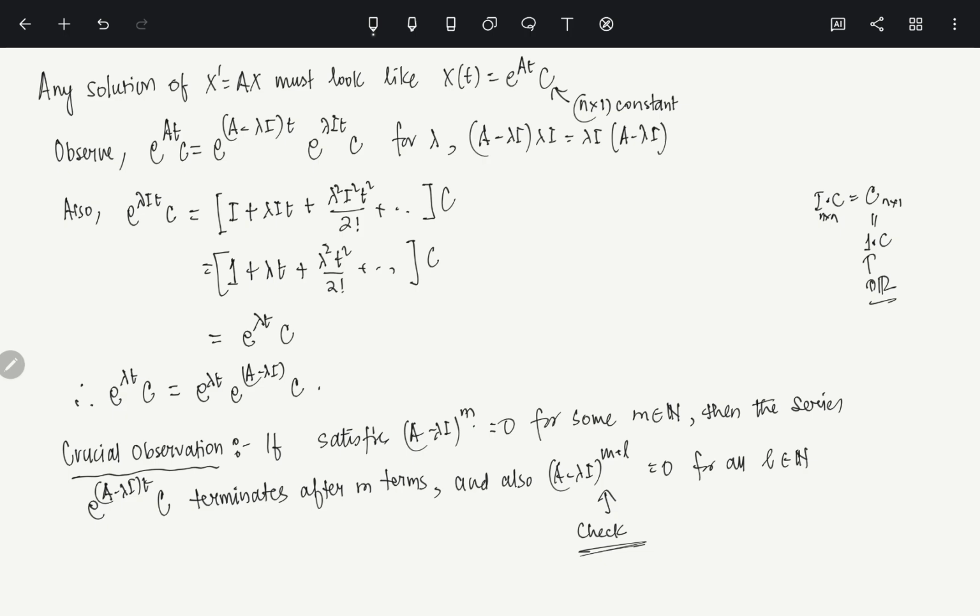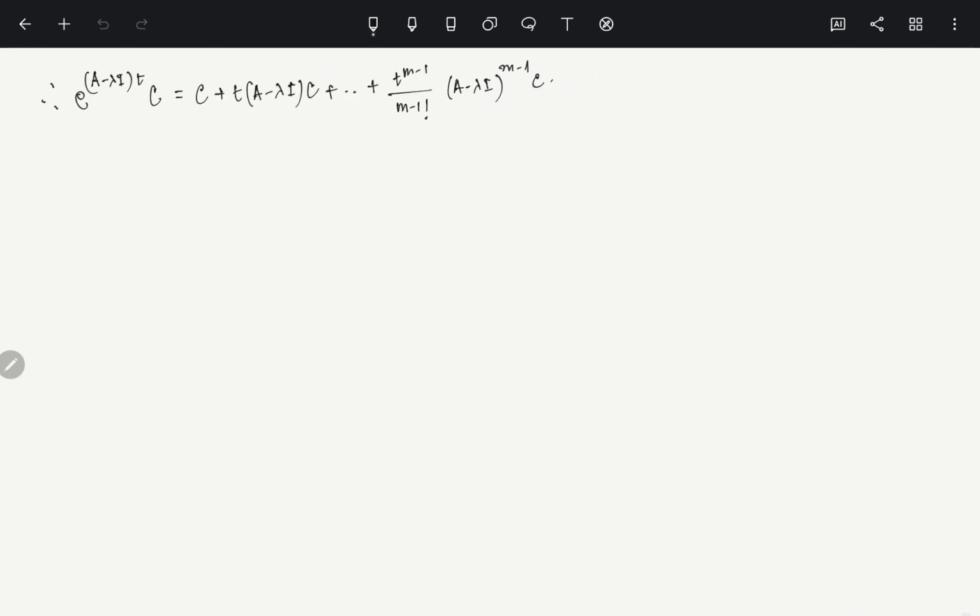So basically I am trying to find an m such that A minus lambda I whole power m is going to be a 0 matrix essentially. So that matrix acting on any vector C is going to be 0, so it's not a problem. We will just write it like this, clear? And then what happens is, you see, e power A t times C, what is it?